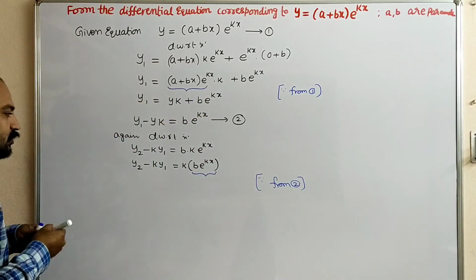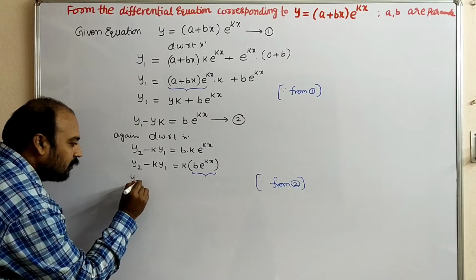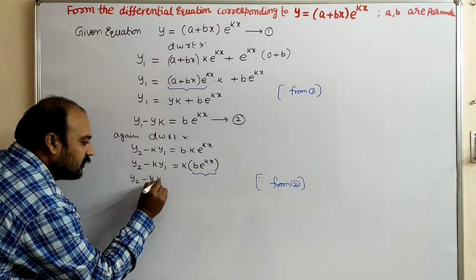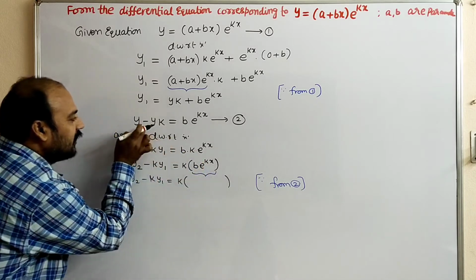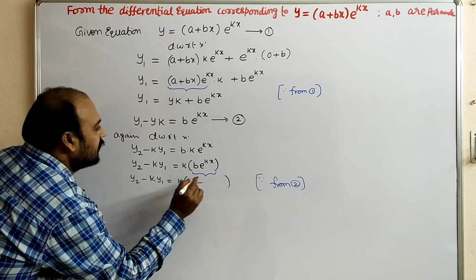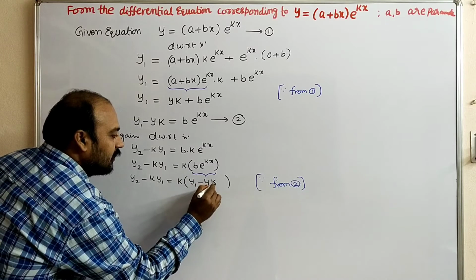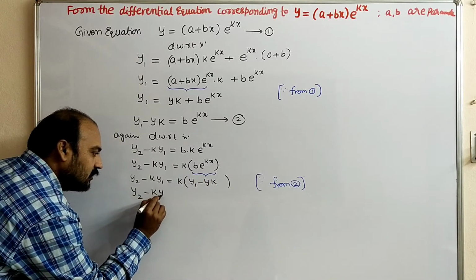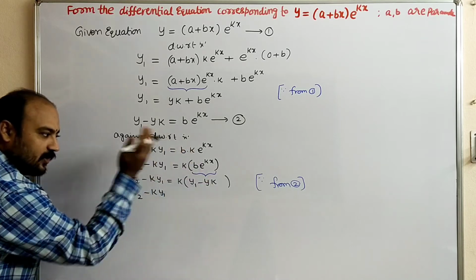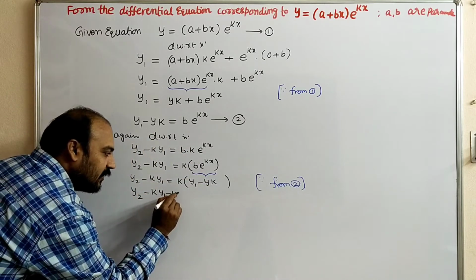So it becomes y2 minus ky1 is equal to k into (y1 minus ky), in place of b e power kx. So y2 minus ky1, and we take this ky1 to this side, minus ky1.